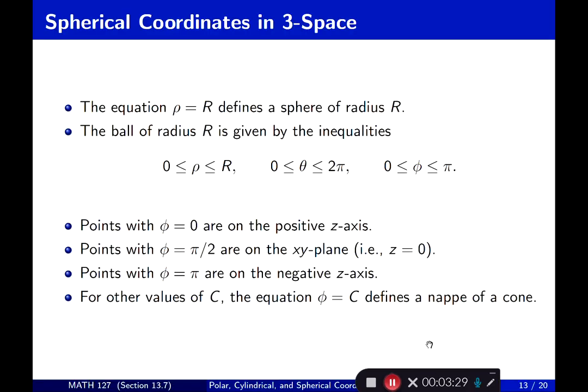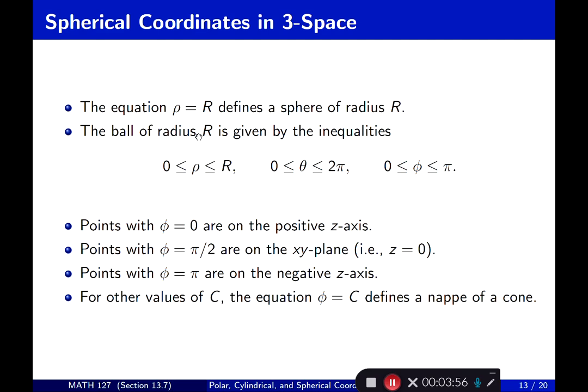So let's do a few examples of obvious objects in spherical coordinates. Rho equal to r defines the sphere of radius r. So let's say rho equal to 3, that means a sphere of radius 3 centered at the origin.